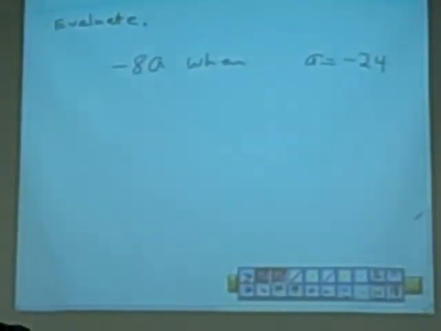Okay, so all this means is we're going to take that a and cut it out, and we're going to put parentheses in the place of that a, right? So this would be negative 8, parentheses, and what are we going to put in there for a? Negative 24. So we have a negative 8 times a negative 24, right?